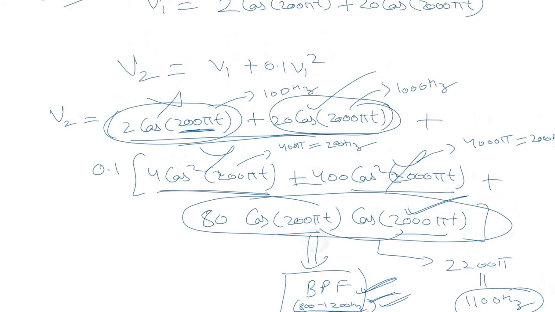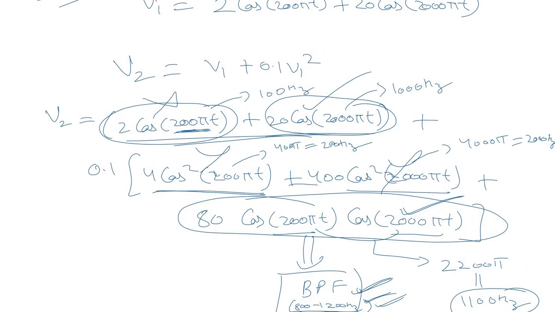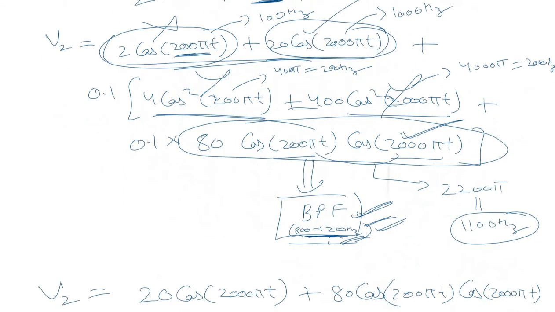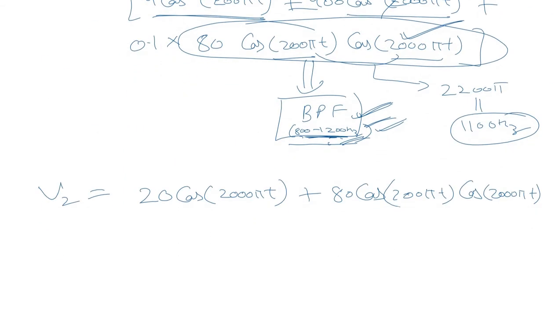There's a slight mistake that we have made over here. We have neglected this 0.1 factor, so this will be multiplied by 0.1, and instead of 80, it will be only 8, right? Fine. So this is our resultant amplitude modulated signal.